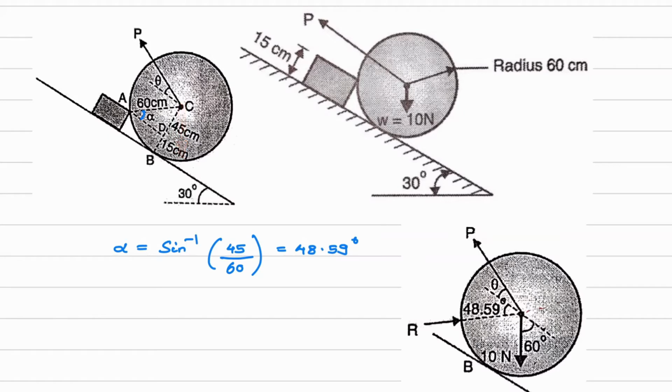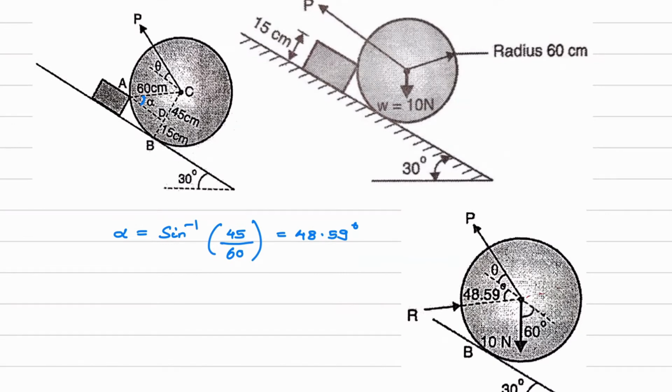part. Okay, now this weight is acting in downward direction. Here you can see. Now what will be this angle? This angle is 60. Why? Because if you consider a triangle over here like this, okay, so this angle is 30, this is 90, so this angle will be 60 degree.